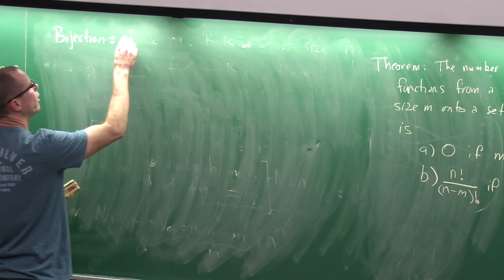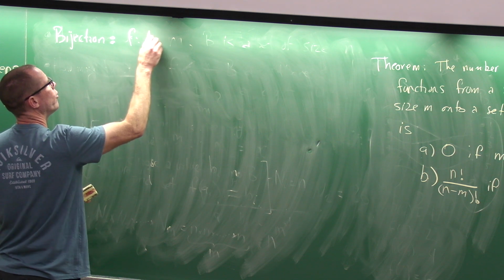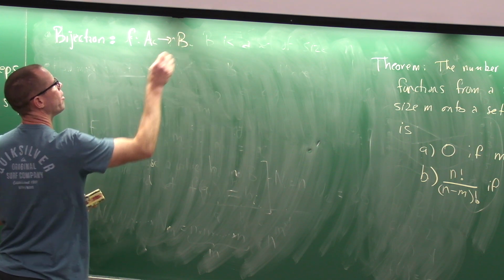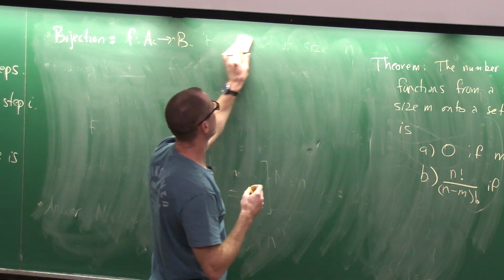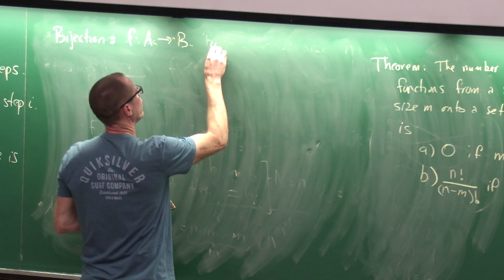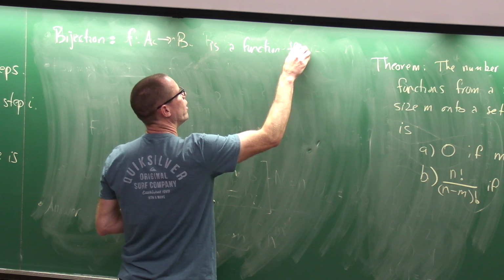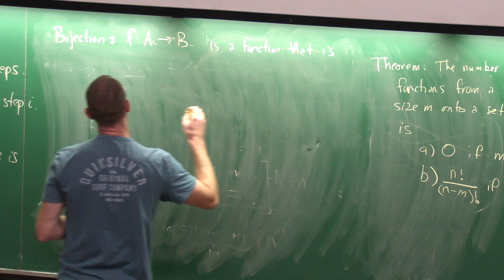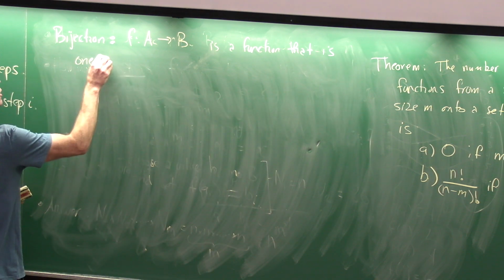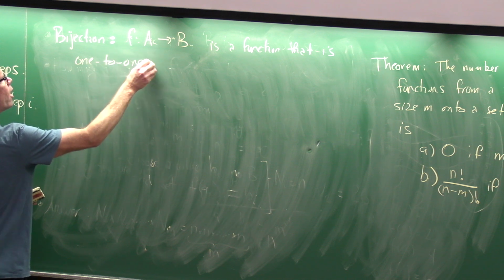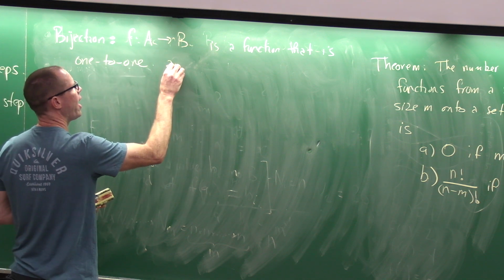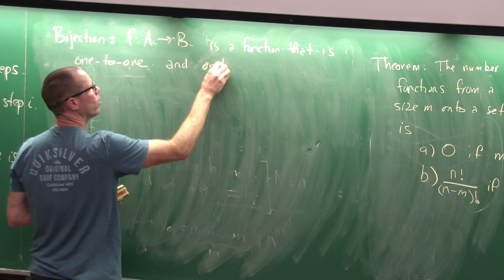A bijection from a set A to a set B is a function that is one-to-one. We saw what that means. And onto.